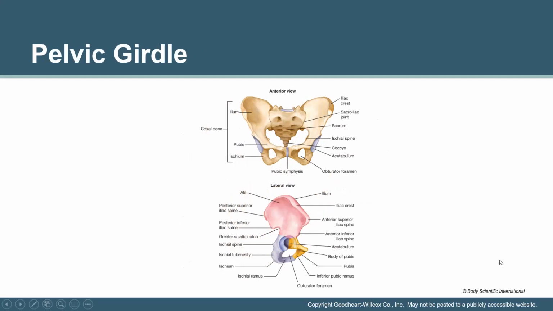I think these bones are kind of neat, kind of cool. You actually have 2 coxal bones making up each side of your pelvis. They articulate in the back on the sacrum, again at that sacroiliac joint, but also at the pubic symphysis on the anterior aspect of the bone.